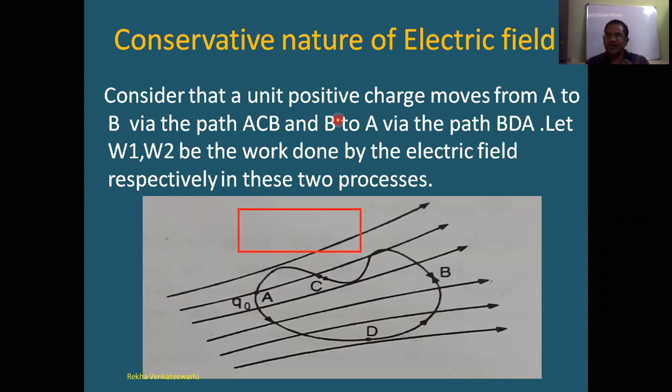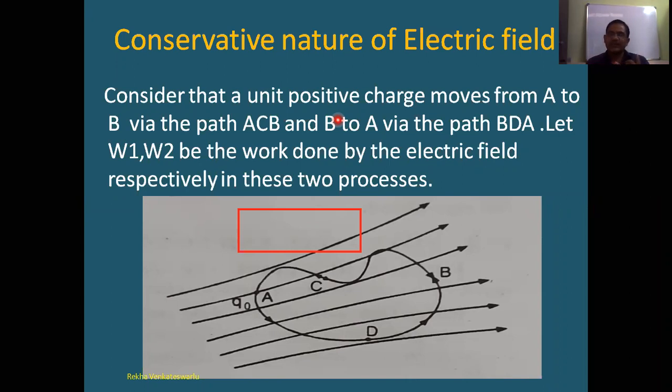If the vector field is conservative, then the line integral of that vector field along any line, straight or curved, should depend upon the initial and final positions or endpoints, but not the path followed. It is independent of the path.